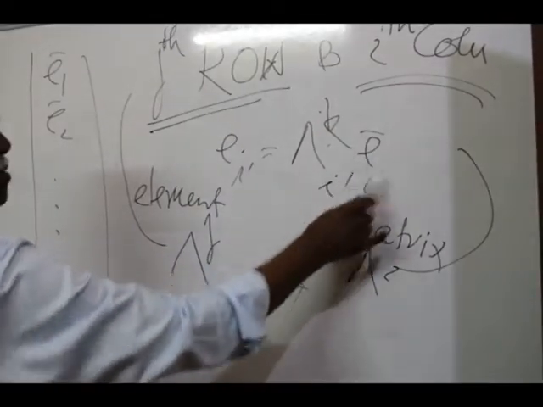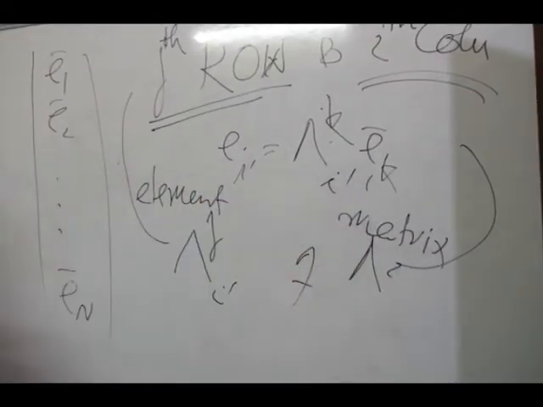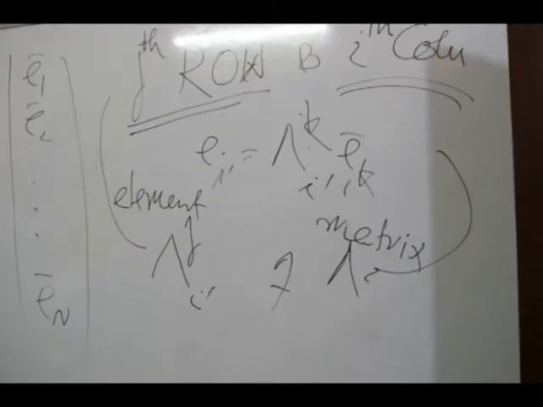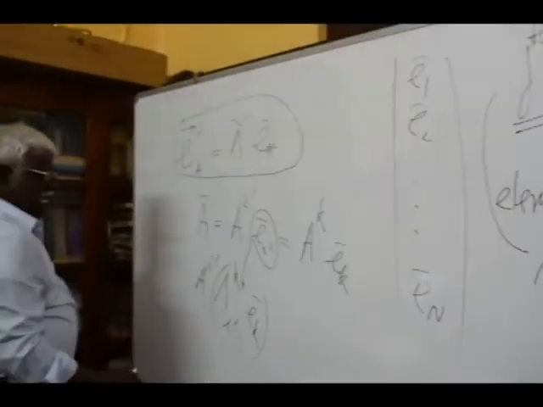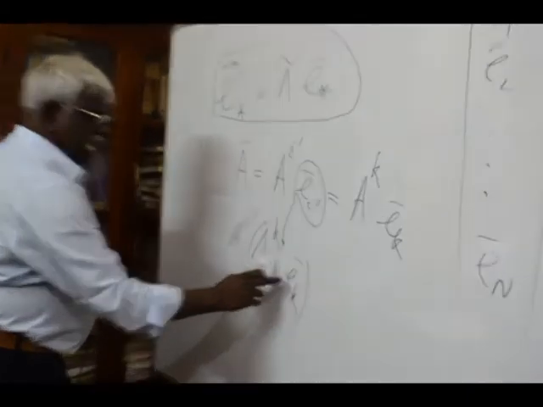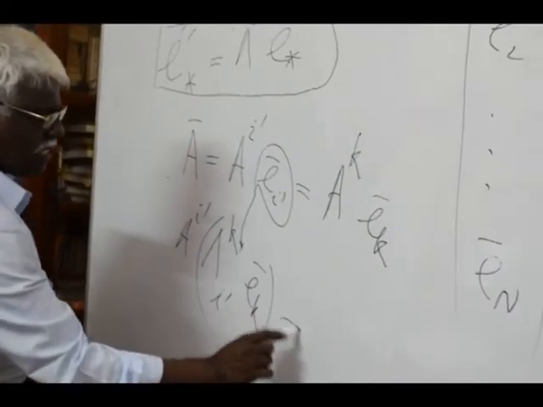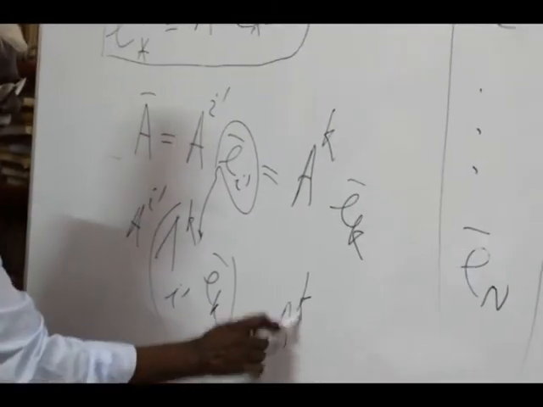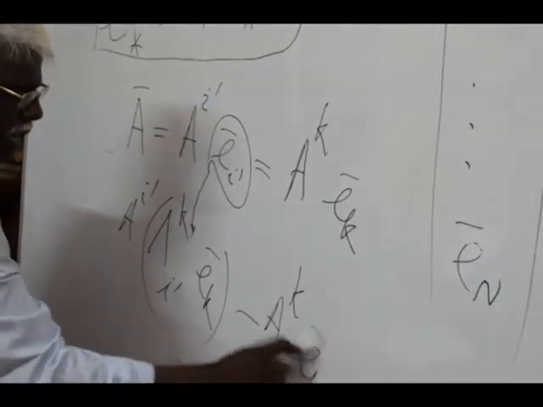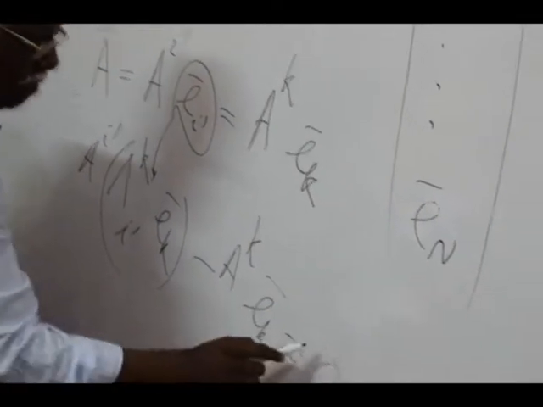So you have substituted this here. So a^i' lambda_i'^k e_k minus a^k e_k equals the zero vector. This thing I have taken to the left-hand side and written as the zero vector.